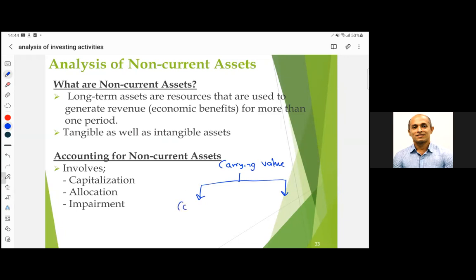So one is cost model. The other one is revaluation model.